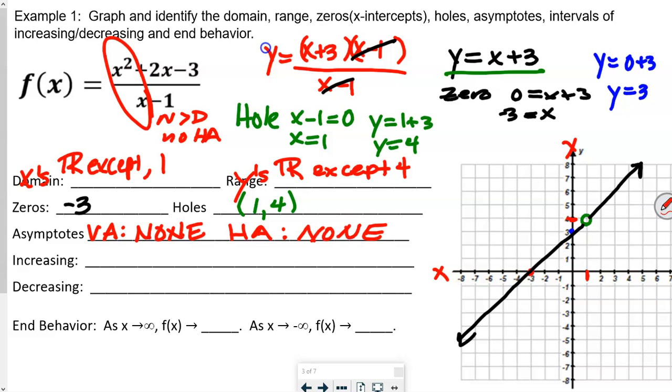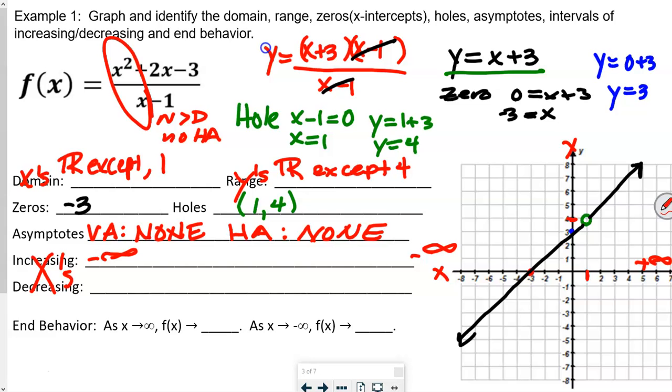Then we're talking about intervals of increasing and decreasing. So when we're talking about this, we're talking about our x's, okay? So if we're looking at x's, what's happening to the graph? That's what we want to look at. So as we're moving across here from negative infinity to positive infinity, okay? So what happens? So we're going from negative infinity to where? Does it keep going up? And again, we're looking at our graph from left to right.